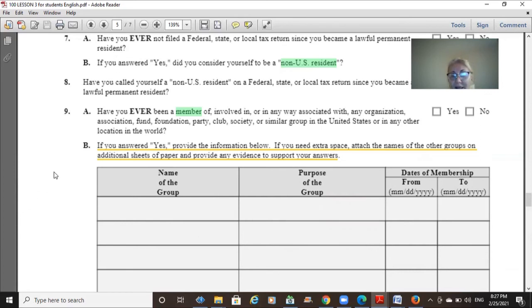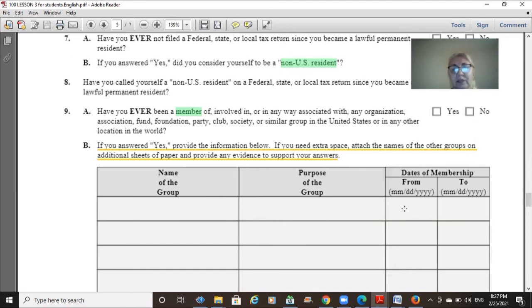Now, in my case, I answered yes to number 9A, because I am a member of California Teachers Association. And I put this name here, name of the group, California Teachers Association. Purpose of the group is to protect teachers' rights.